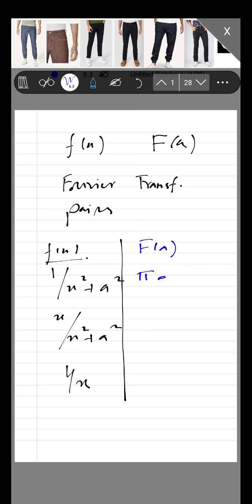pi into e to the power minus alpha a by a, i pi alpha divided by a into e to the power minus alpha a, and pi by 2.